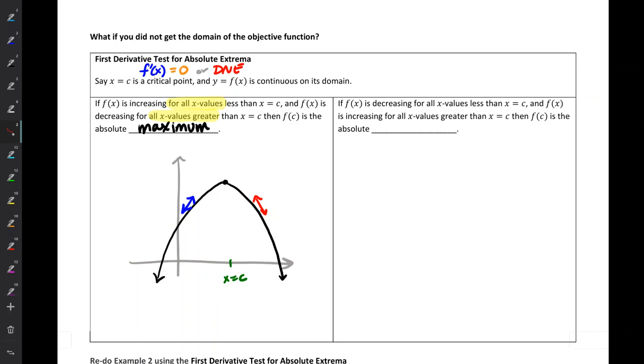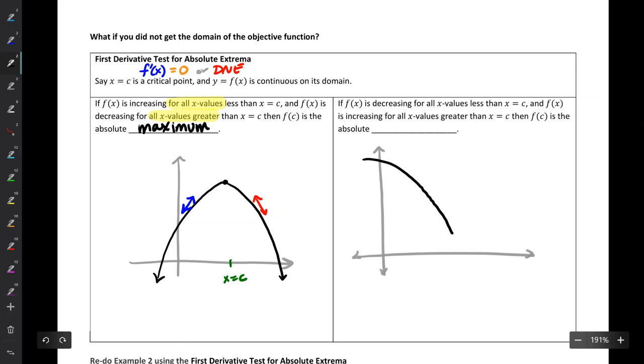Now, if instead my function is decreasing, how about this? Decreasing for x values less than c, then increasing for x values greater than c.